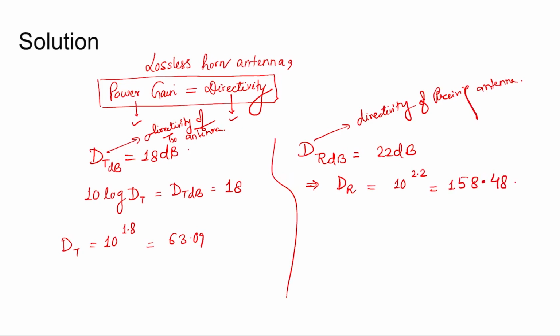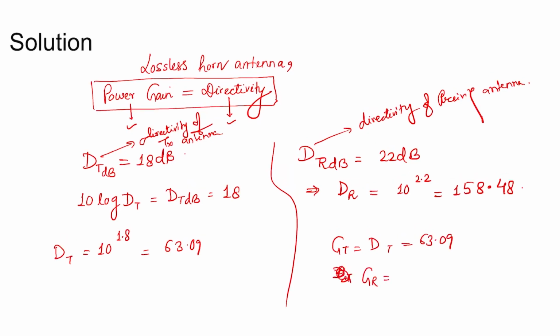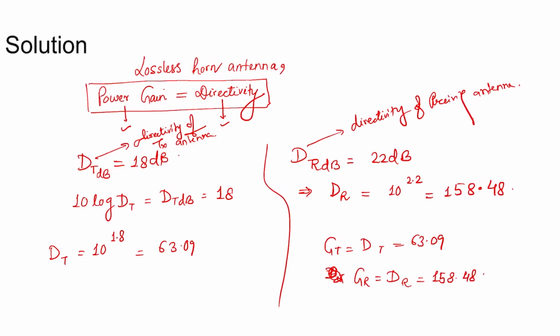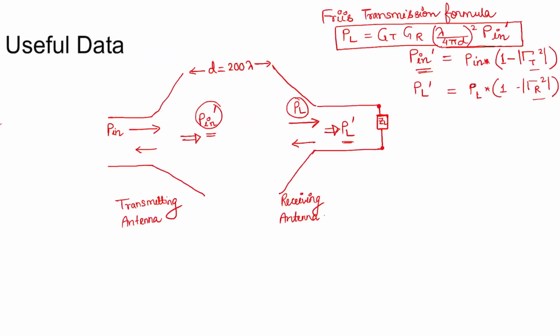Now similarly, since directivity and power gain are equal, GT equals DT equals 63.09, and GR, the receiver gain, equals the directivity of the receiver, 158.48.